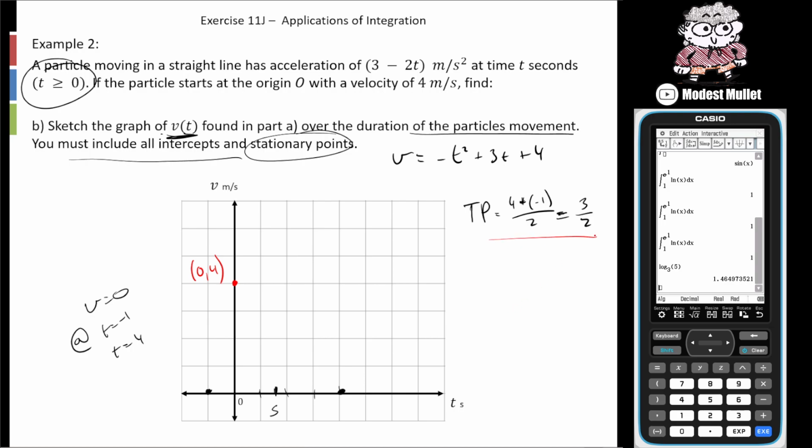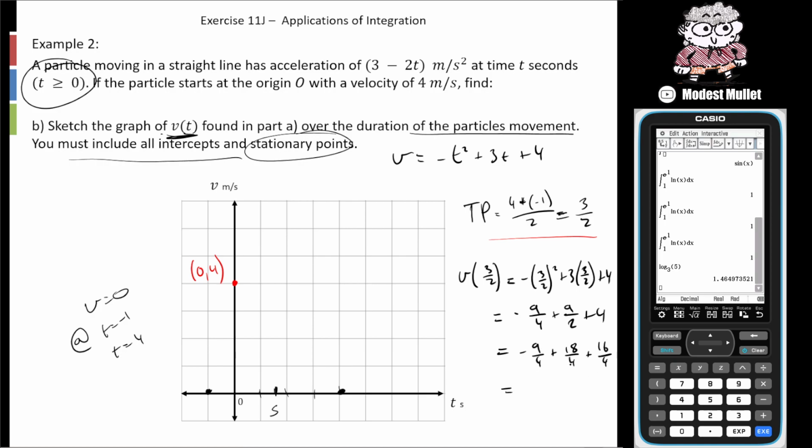Turning point occurs at 3 on 2. So I just want to find what the velocity is at that. So the velocity at 3 on 2 is equal to -3 on 2 squared plus 3 by 3 on 2 plus 4, which is -9 on 4 plus 9 on 2 plus 4, which is -9 on 4 plus 18 on 4 plus 16 on 4.